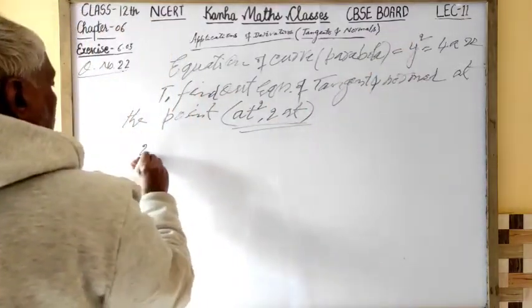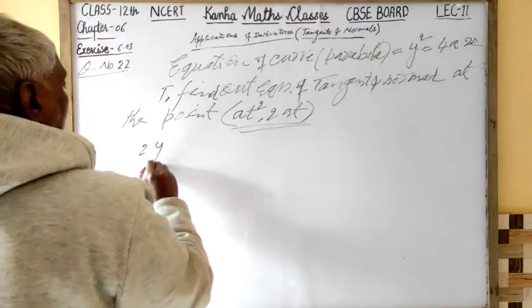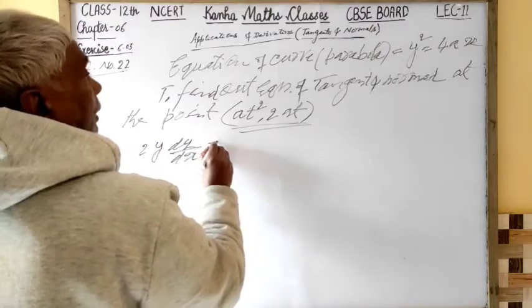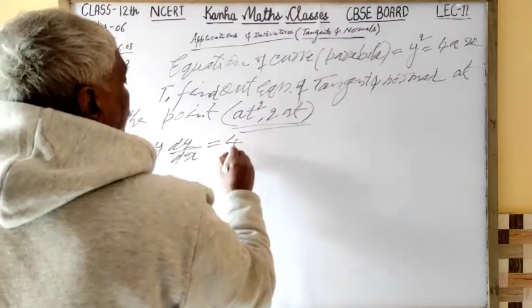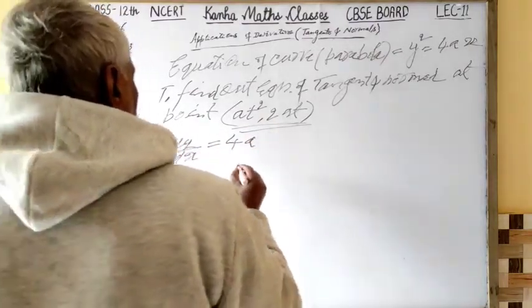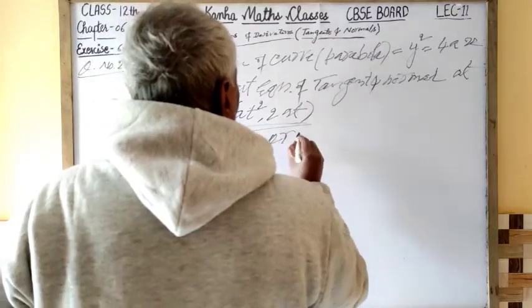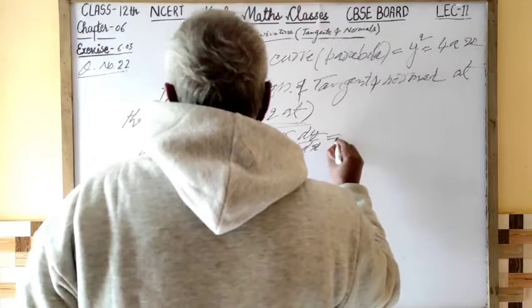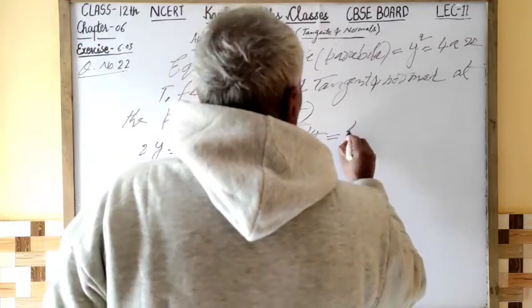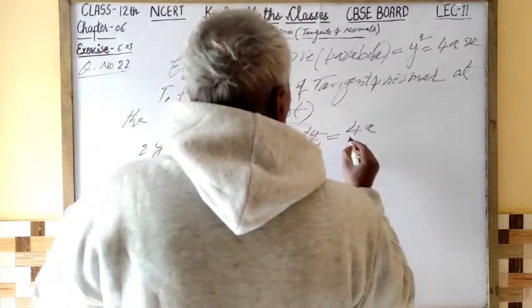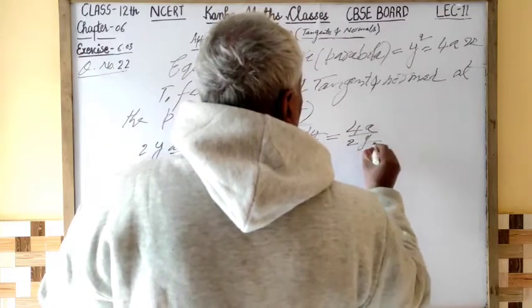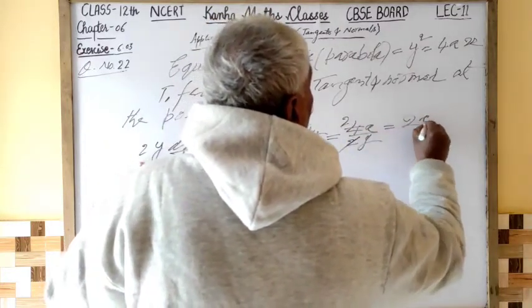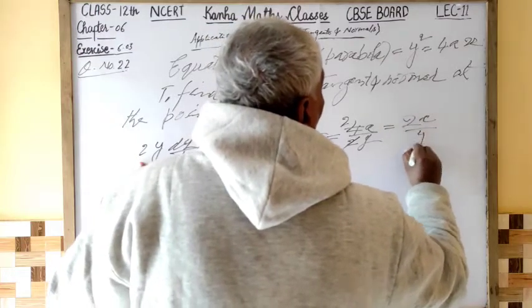Here y square gives 2y dy by dx is equal to 4a, or dy by dx is equal to 4a upon 2y, that means 2a upon y.